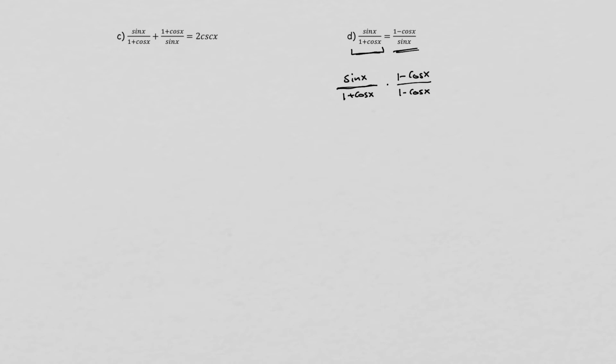And then I will get sine x times 1 minus cosine x. The denominator will be 1 times 1. You need to do foiling, right? So it will be 1 minus cosine square x. The middle term cancels out.